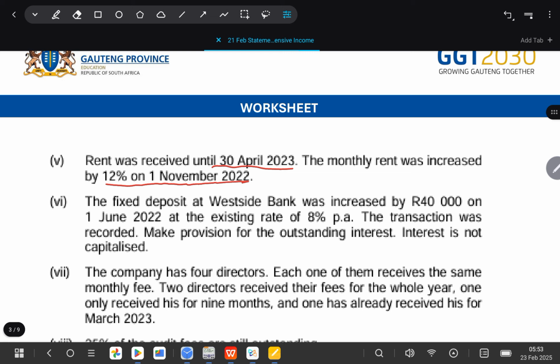So our timeline would have March, April, May, June, July, August, September, October, November, December, January, February, March, and April. Okay, so now remember they said the rent was increased on the 1st of November. So November, it's here.